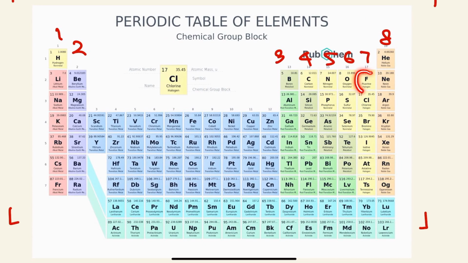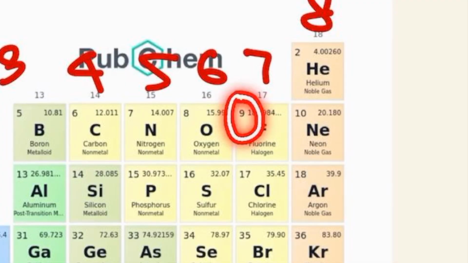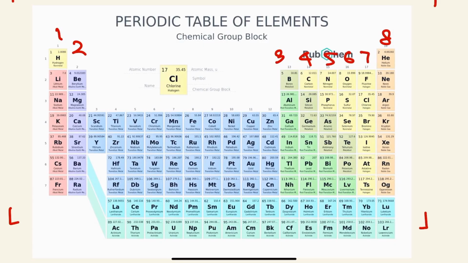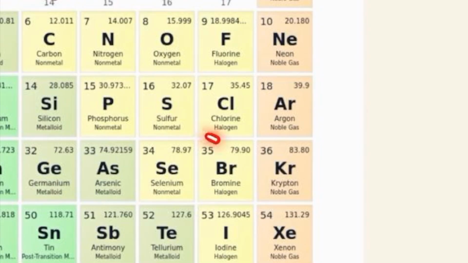So remember that electronegativity increases this way and this way. So, is fluorine or oxygen more electronegative? Well, fluorine is more to the right, and fluorine has more protons, so it has a greater positive charge, meaning that it would be more likely to attract valence electrons. In a different way, chlorine would be more electronegative than bromine. Not because of protons, because if we wanted to explain it with protons, bromine would have more protons and therefore be more electronegative.